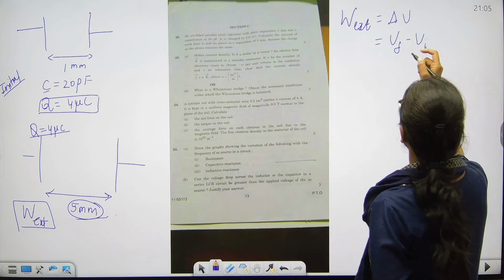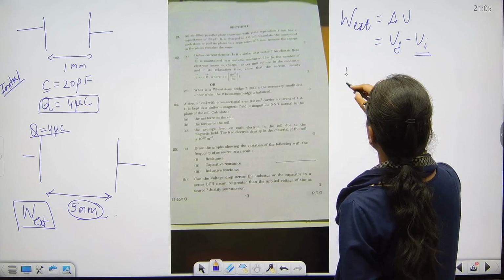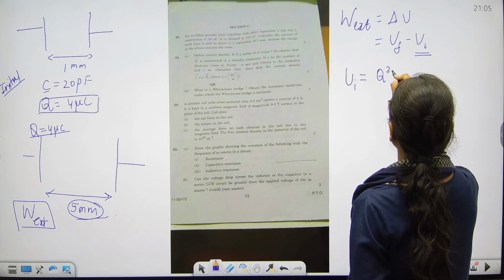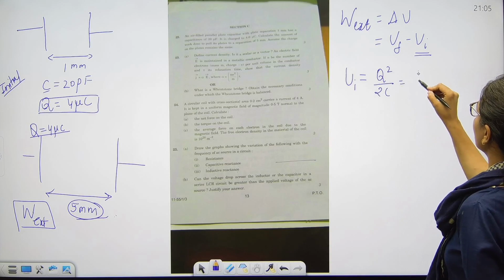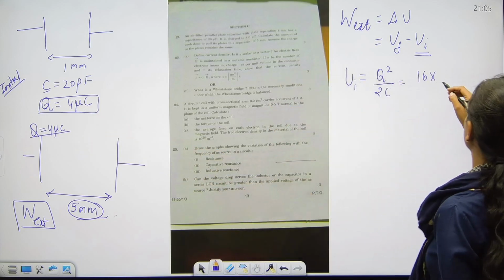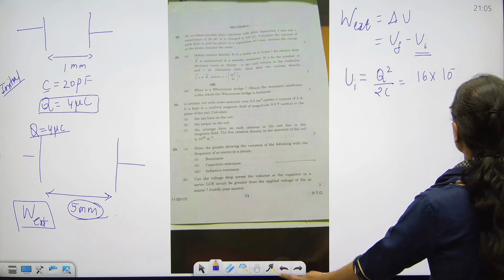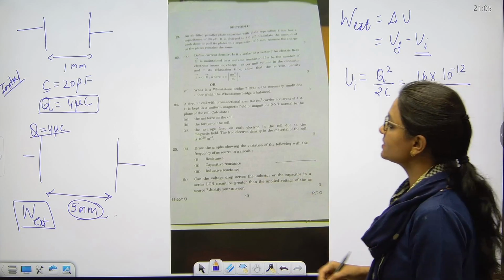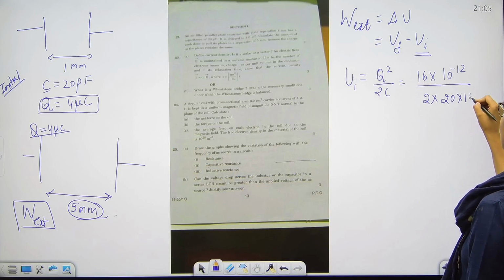So let us first find the initial potential energy. It will be Q square divided by 2C. Q charge is 4 microcoulomb, 4 4s are 16, square of micro, 10 to the power minus 12, divided by 2 into capacitance, which was 20 pico, 10 to the power minus 12.